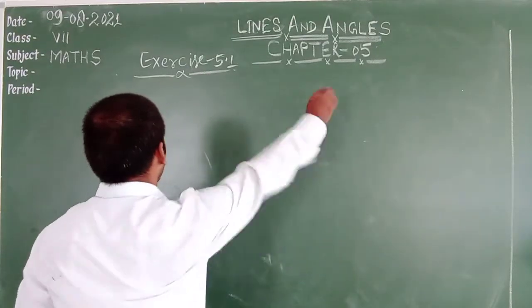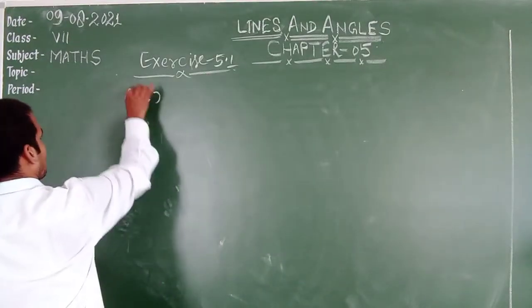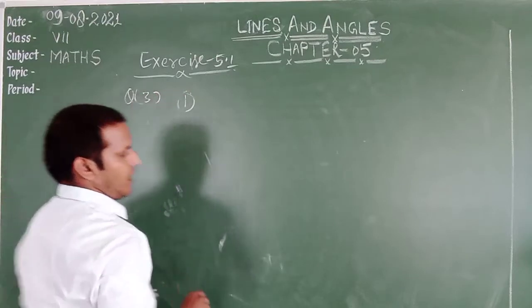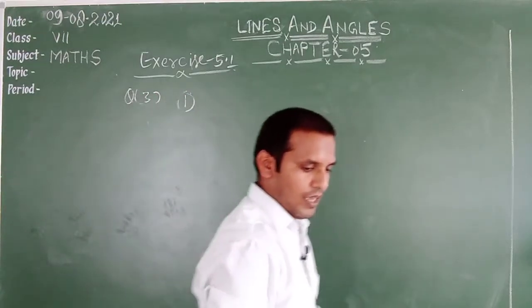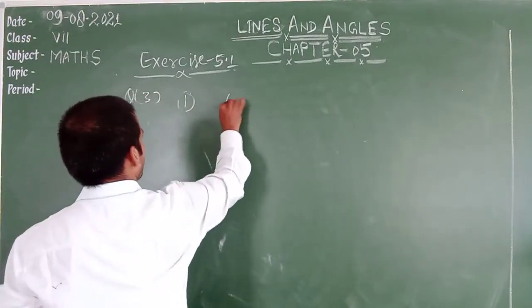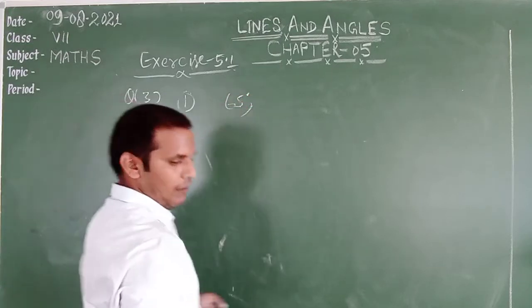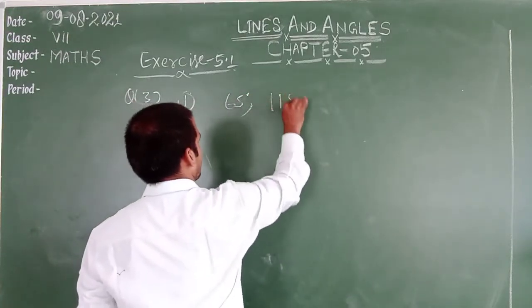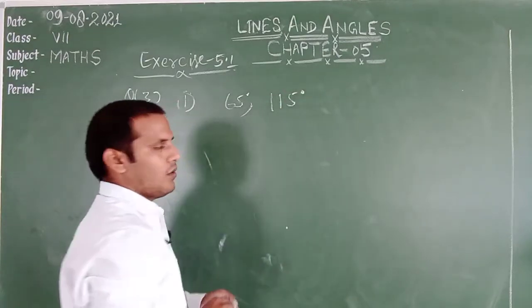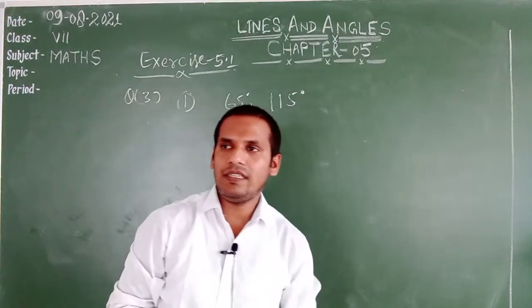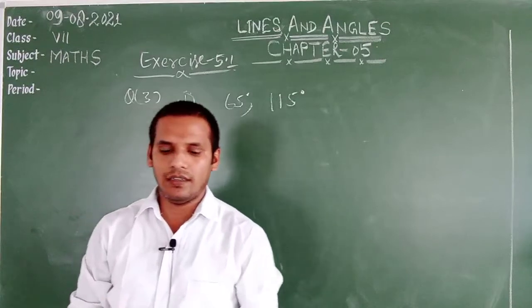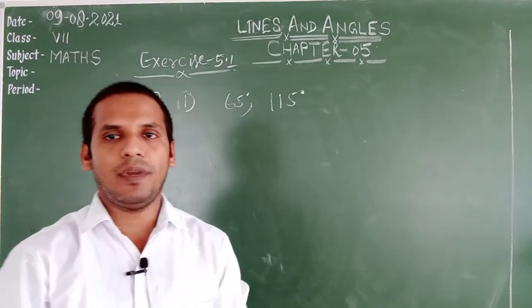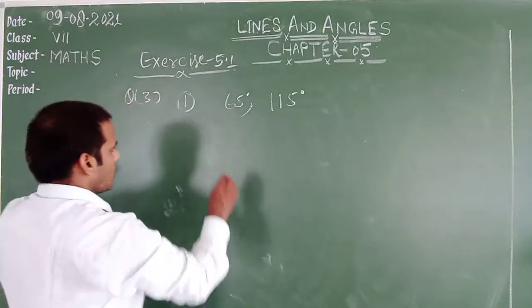First part of the third question. The first angle is 65 degrees, and the second angle is 115 degrees. The question asks whether these angles are complementary or supplementary. Let us start.